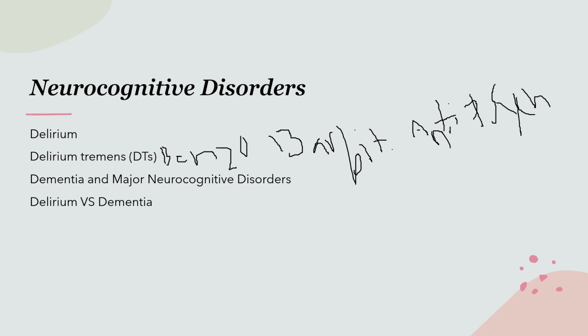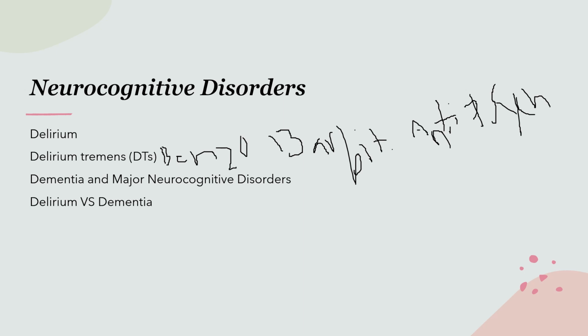Chronic substance use and other neurological disorders. Your cognition with delirium is impaired memory, judgment, attention, and calculations, whereas with dementia, you're still going to have impaired memory, judgment, attention, calculations, but you're also not going to be able to think abstractly, and you're going to have agnosia, which is that inability to remember words.